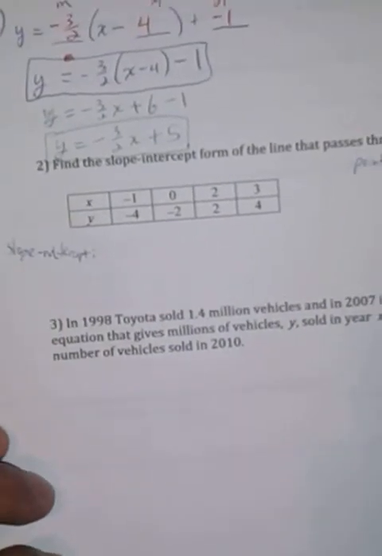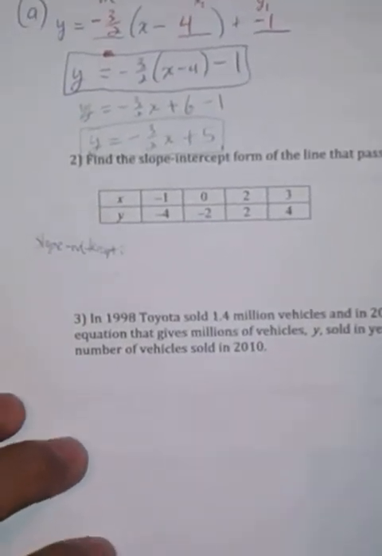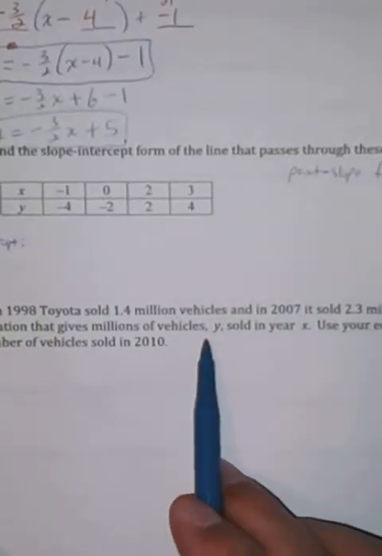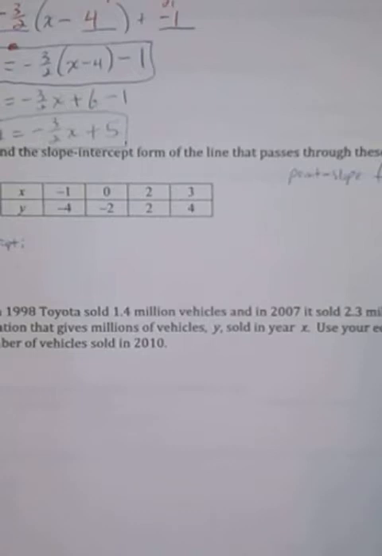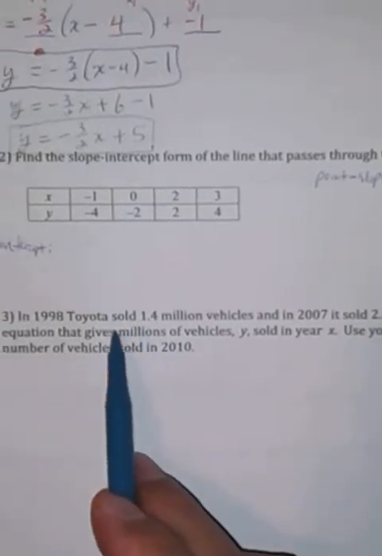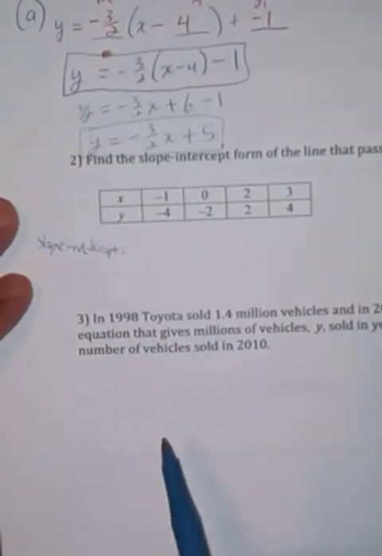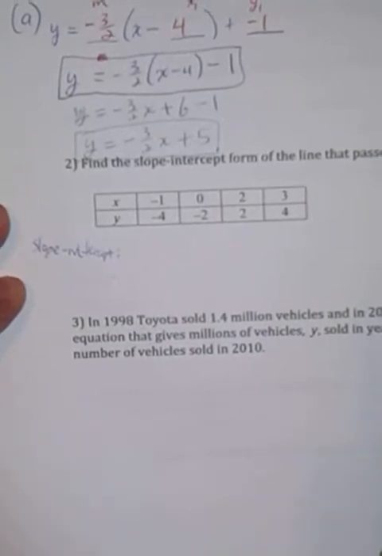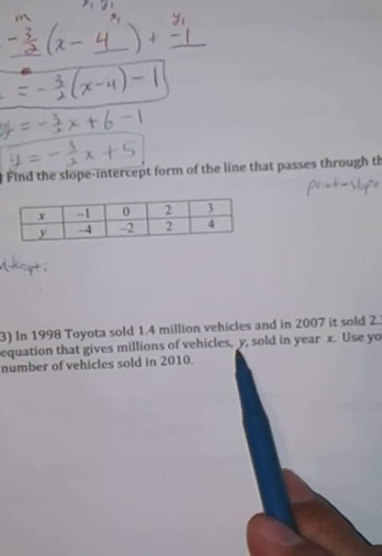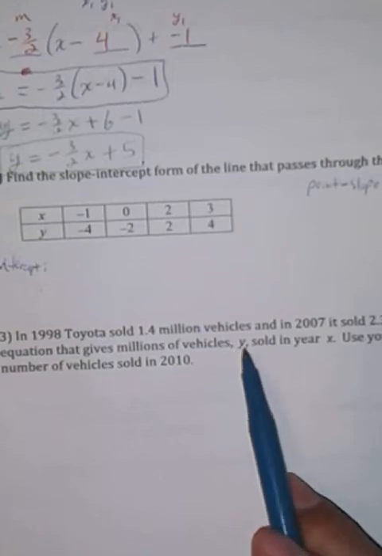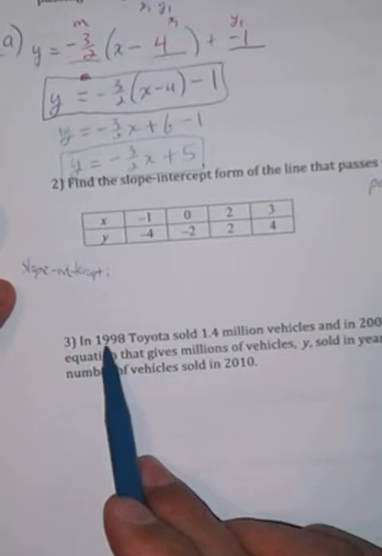All right, so what are they telling you? What's this business about vehicles Y sold in year X? Well, what they're telling you is to write the data as points X comma Y, and they're telling you what to use as X. It says year X, vehicles sold, millions of vehicles Y. So we look at the first set of data.